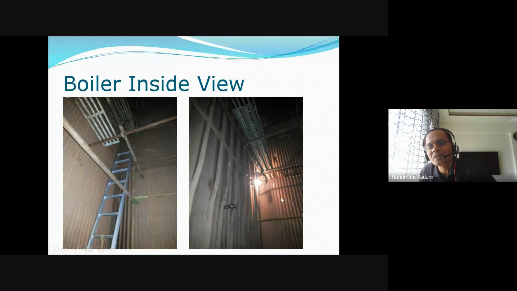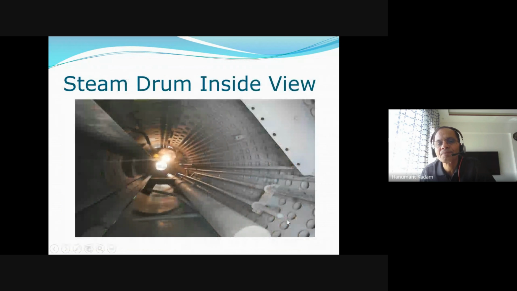You can see the boiler tubes here, and work is going on inside the boiler. Now the steam drum inside view. You can see the drum looks like this.